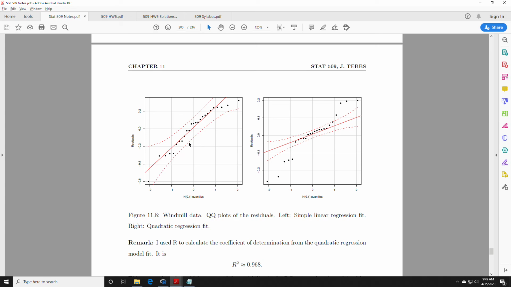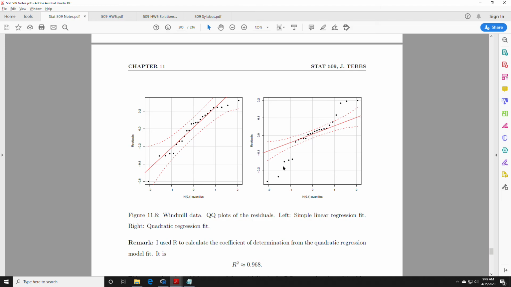It doesn't look amazing, but it doesn't look that bad. Now this is the QQ plot for the quadratic regression function that we fit, right? When we added the squared term, notice it actually made this much worse.